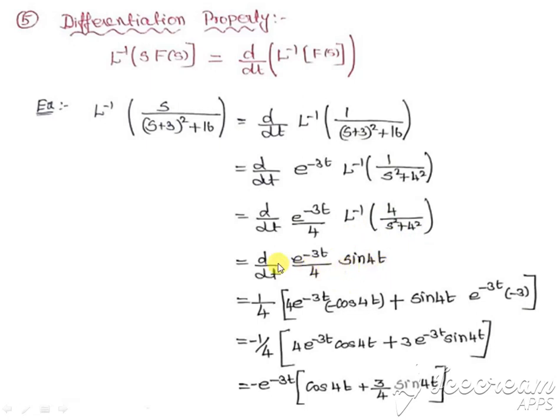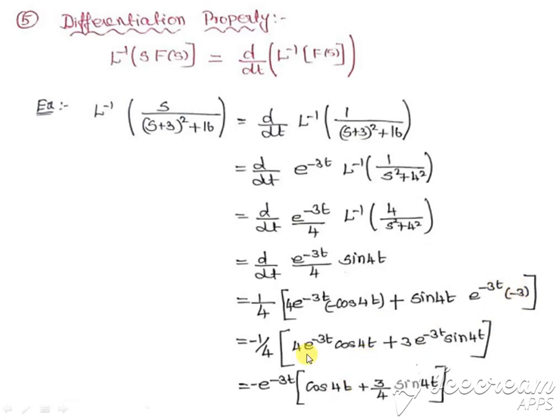So next we need to differentiate this term with respect to t. While taking 1 by 4 outside, the differentiation of uv is nothing but u v dash plus v u dash. So e power minus 3t into the differentiation of sin, which is cos, here cos 4t into 4, then sin 4t as it is, and then differentiating e power minus 3t gives into minus 3.